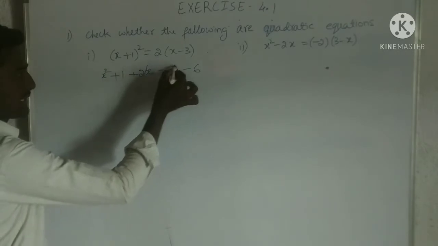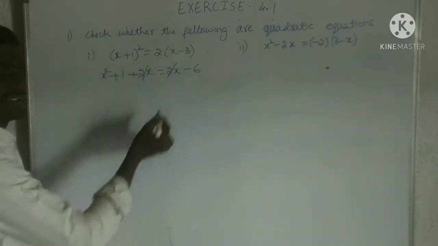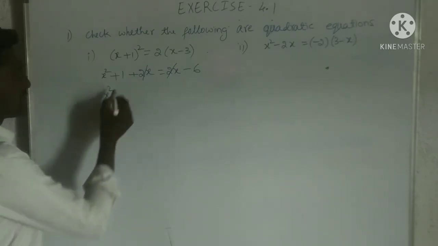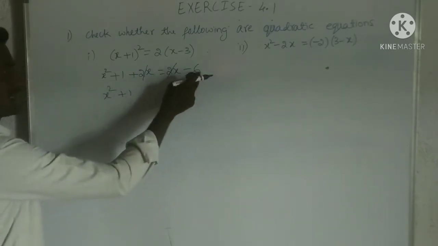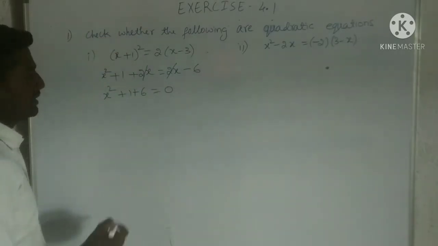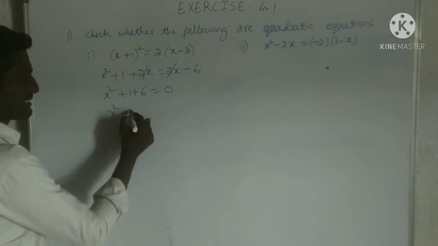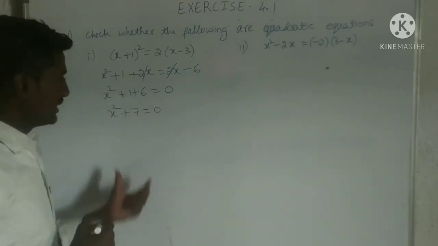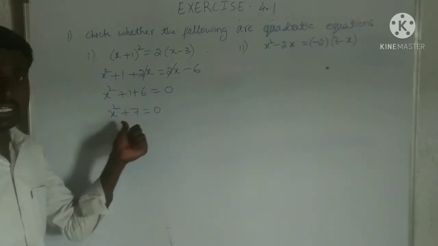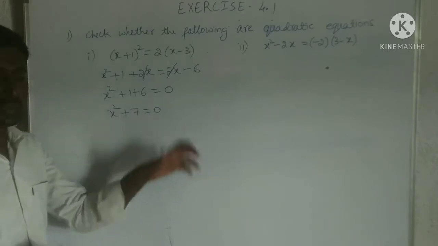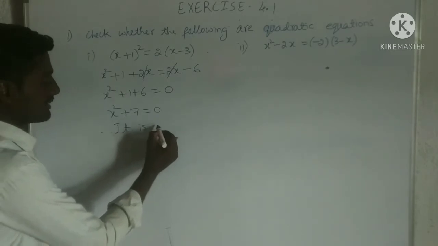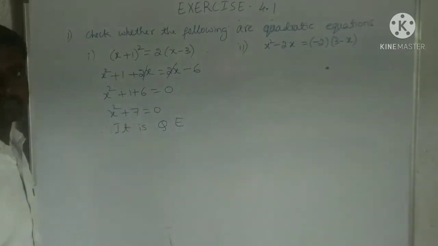Now I can cancel 2x, since the same plus 2x is on both sides. So the remaining is x square plus 1. Now this minus 6 comes to the left side and becomes plus 6 is equal to 0. Now here x square plus 7 is equal to 0. In this equation, the highest power of x, meaning the degree of this equation, is 2. Therefore it is a quadratic equation.